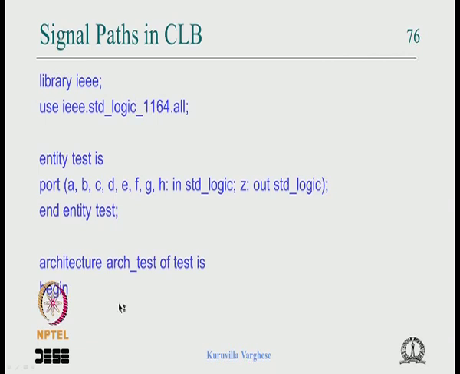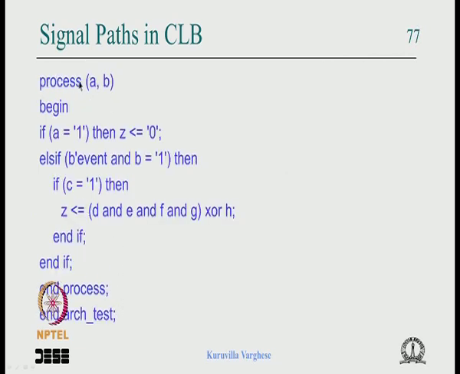In the architecture, you write a process which is sensitive to A and B. Begin, if A is 1 then Z is 0. So it looks like a reset, A is a reset, Z is an output, else if B'event and B is equal to 1. So we know that B is clock, A is reset, Z is output.